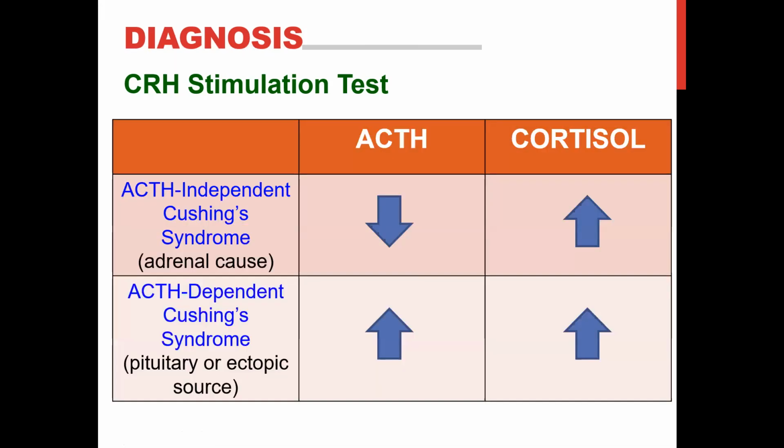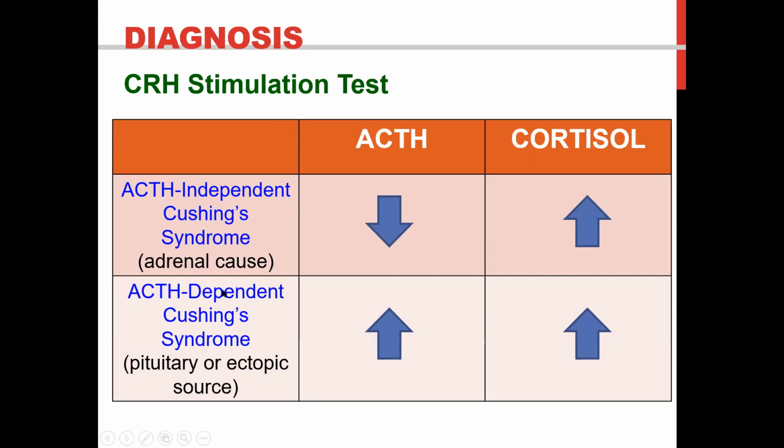In the CRH stimulation test, if the cause is adrenal, meaning this is an ACTH-independent Cushing syndrome, there would be a decrease in ACTH and an increase in cortisol. The problem itself is the adrenal.